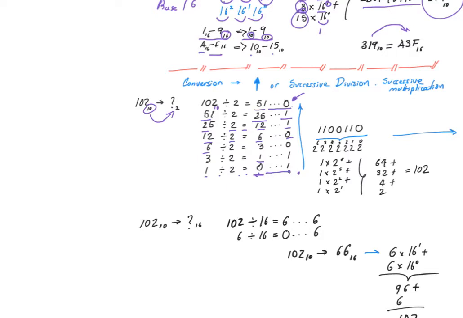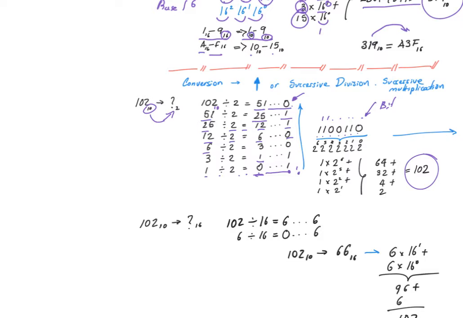So what I have is 1 1 0 0 1 1 0, which is the same sequence going up. Now how can we test that this is true? So we take the powers of 2 for each one of these bits. Now each one of these is called a bit, right? And we see that if we add all those numbers, we get the 102.